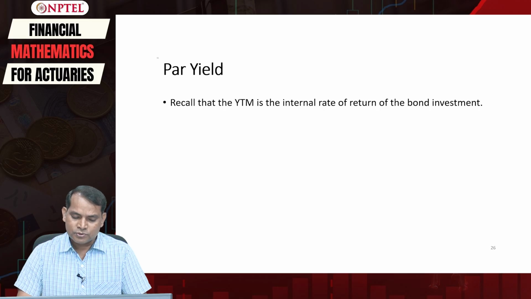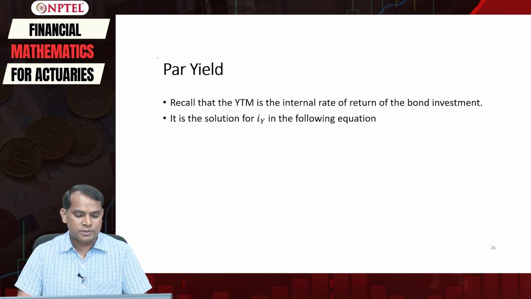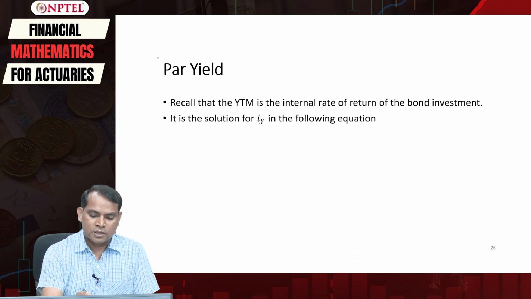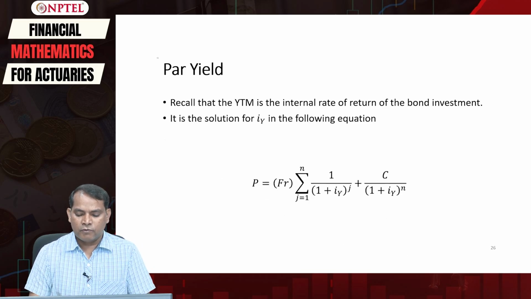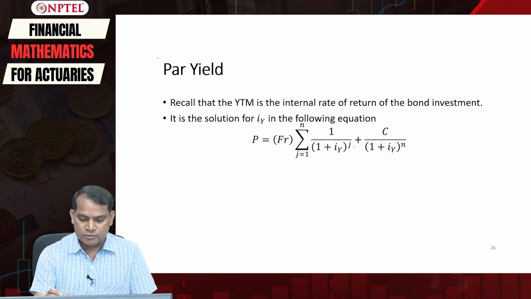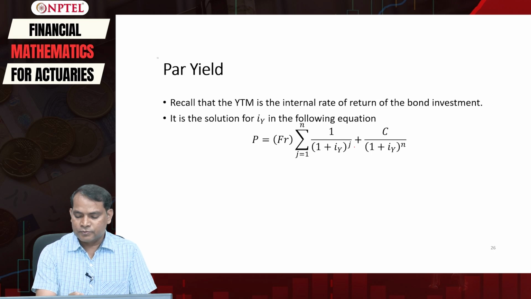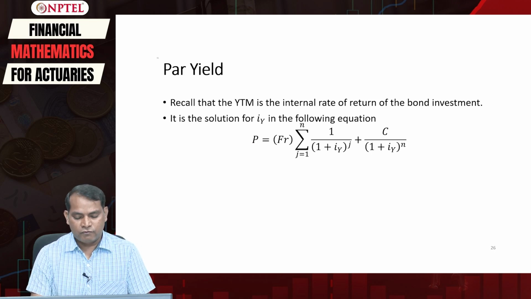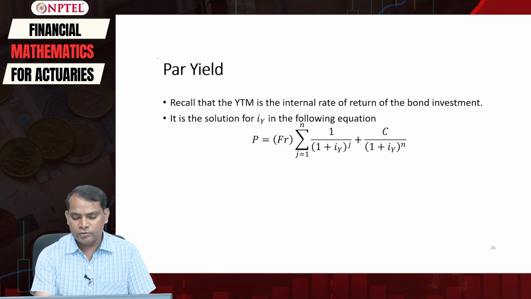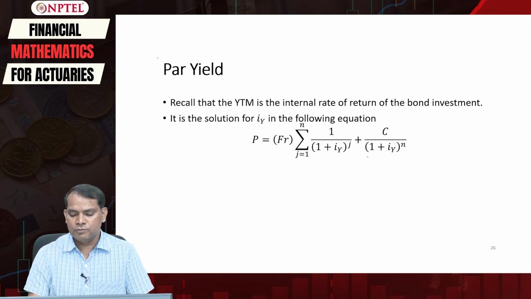We have understood there that the yield to maturity, that is IY, is just the solution of our present value equation here, that is P is equal to FR times the sum of 1 upon (1 plus IY) to the power j, plus C divided by (1 plus IY) to the power n.